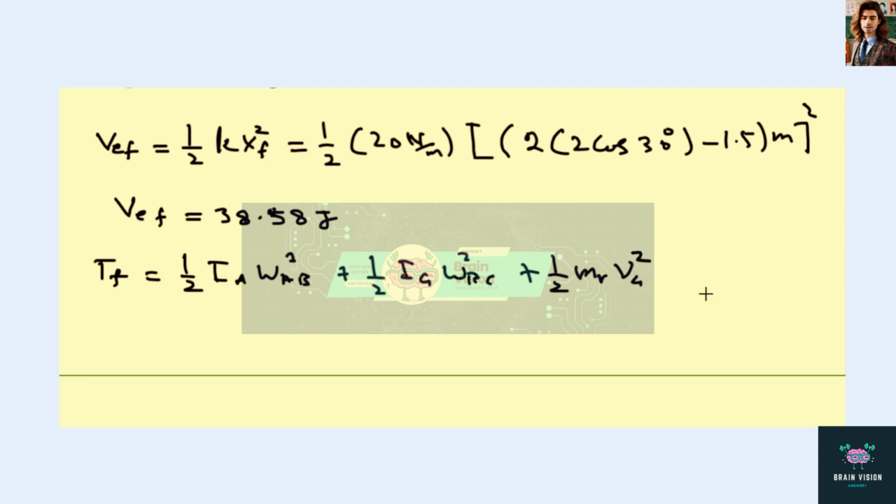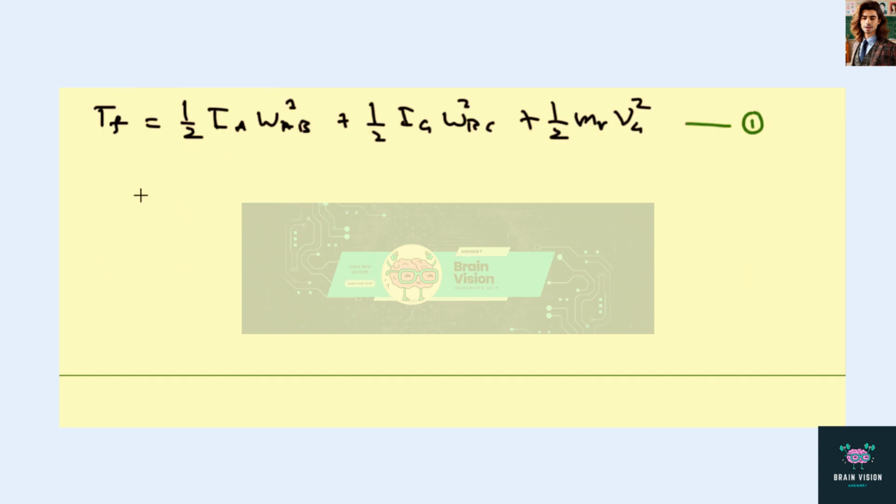We call it equation number 1. Now let's write the relation for Ia. Ia is equal to 1 divided by 3 m RAB square. Similarly, Ig is equal to 1 divided by 12 m RAB square.